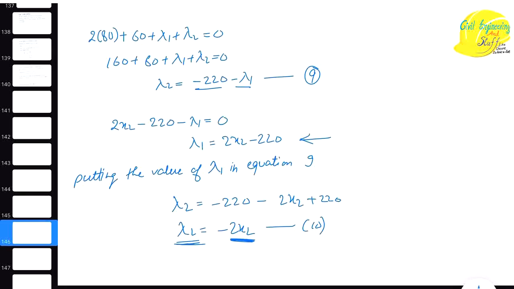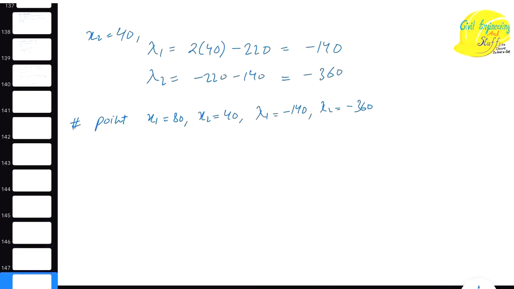Still it is satisfying the case that is lambda 2 less than or equal to 0. Let me just recorrect it. Lambda 2 is minus 2 of x2, which is equal to minus 2 of 40, that is minus 80, right? So it is satisfying this point.